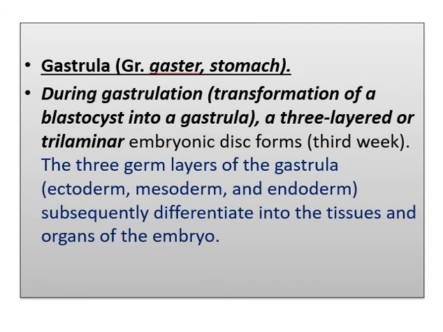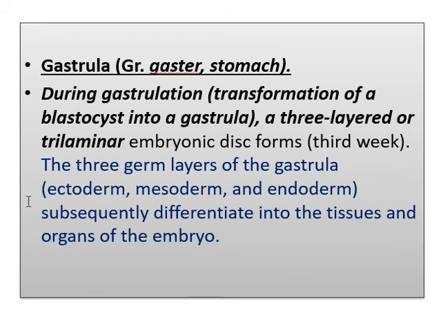Now coming to the gastrula. During gastrulation, the transformation of a blastocyst into a gastrula, a 3-layered germ disc is formed, and it is during the 3rd week of development. Then the embryo or the conceptus is called the gastrula.